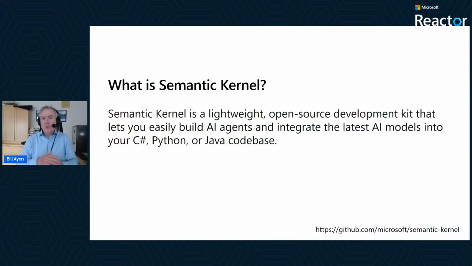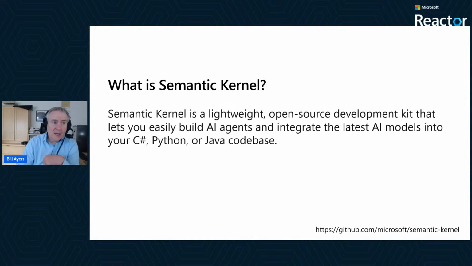Just in case you're wondering what is Semantic Kernel, it's really an SDK or an API that you can use to build AI agents. It's a sort of enterprise-ready solution as well. I'm going to show how, using just 100 lines or so of code, we can build something very useful, more than a chatbot, that actually does something.